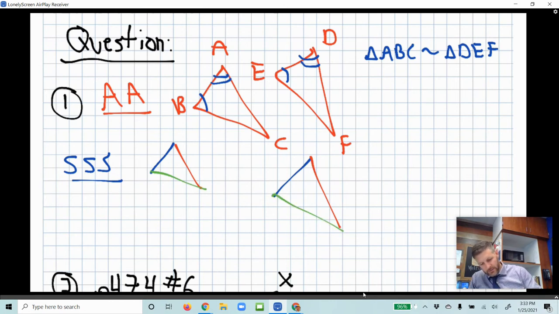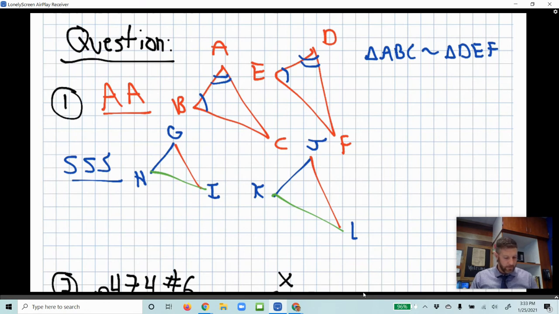Say I have triangle GHI and JKL. The reason I drew the sides in various colors is that it represents that GH is proportional to JK, and GI in the red is proportional to JL, and HI is proportional to KL.